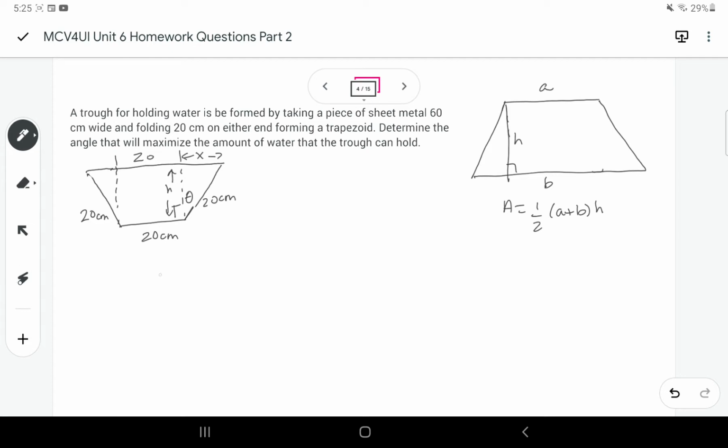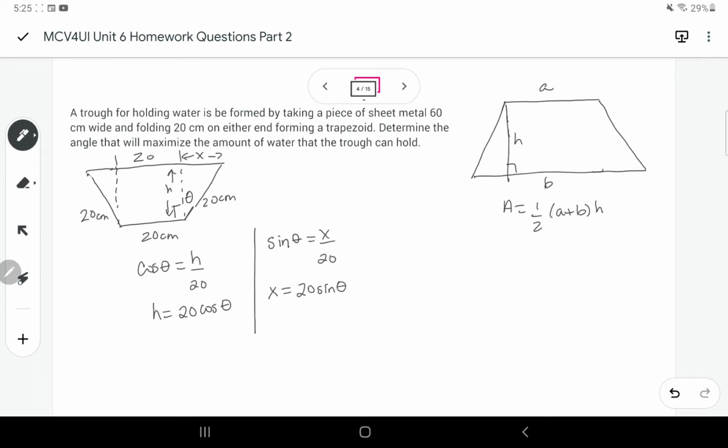So I know here that cos theta is H over 20, so H is equal to 20 cos theta. And sine theta is X over 20, so X is equal to 20 sine theta.